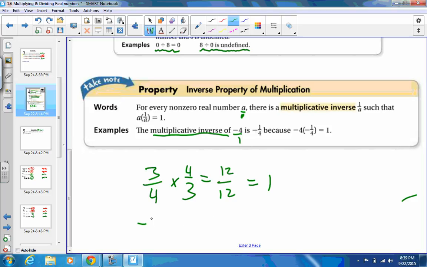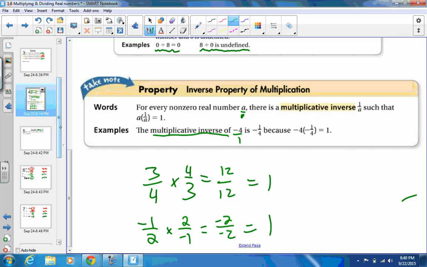So if you have negative 1/2, multiply by 2 over negative 1, you end up with negative 2 over negative 2, which is equal to 1. So that's an interesting property, it's called the multiplicative inverse. And if you're multiplying two reciprocals together, you'll always end up with a positive 1 result.